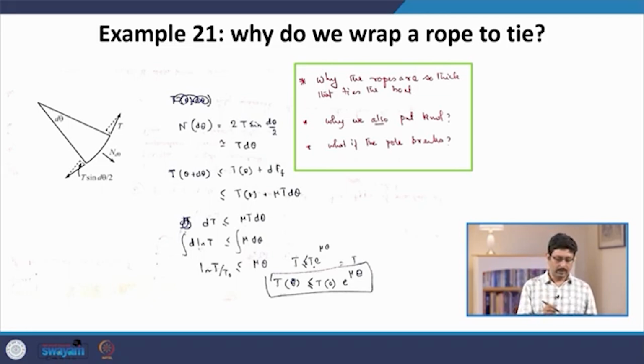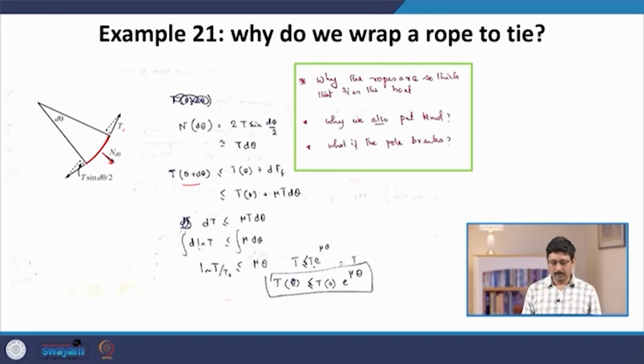The point is that if you look at the rope as your system, and one slice of rope, which makes an angle d theta, as your system, then there are three forces: the tension force from the surrounding part of the rope, plus a contact force, the friction for the contact of the rope and the pole, which has two components. One is the vertical component and the other is the tangential component. Because of this external contact force, the tension T is non-uniform. So, it depends on the angle theta.